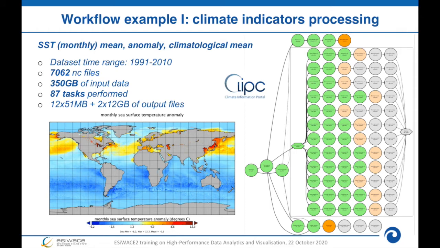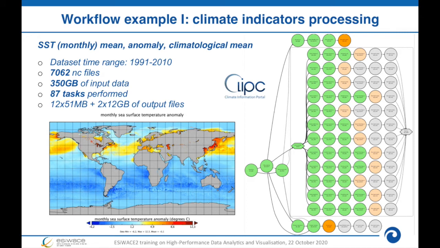So basically, what we computed here was the monthly average, the anomaly of the monthly average, which in this case was the difference between the monthly average and the long-term average, and then the climatological monthly average, which was the average along the days of the same months.